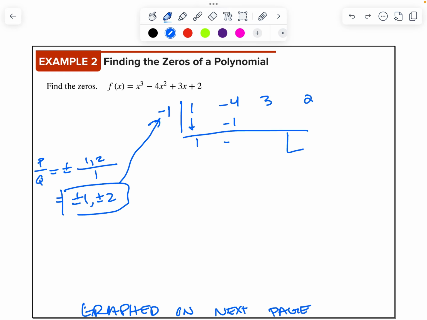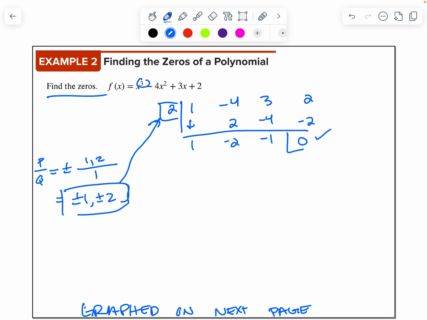That also didn't work. So positive 1 didn't work, negative 1 didn't work. Let's try a positive 2. I'm just trying numbers out of this list. Multiply, add, multiply, add, multiply, add. Check. That did work. So positive 2 is a solution.